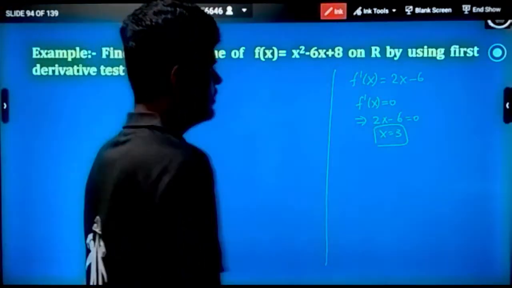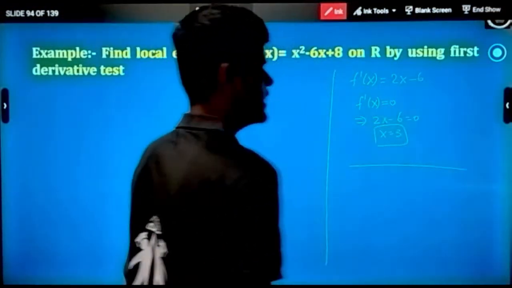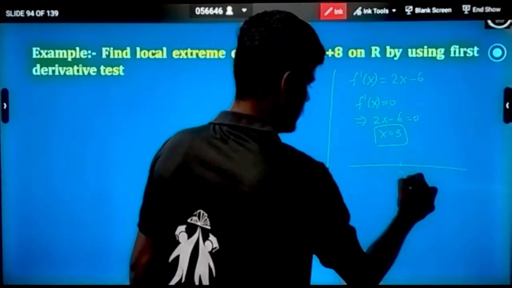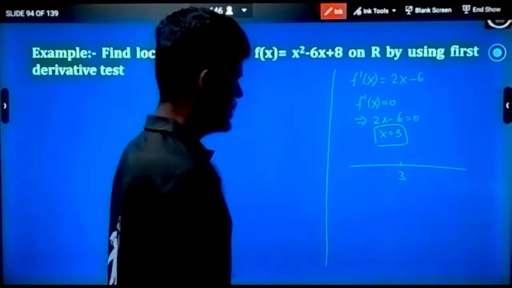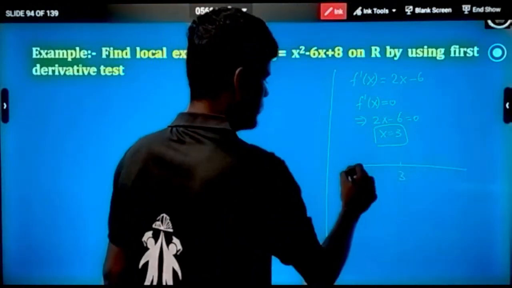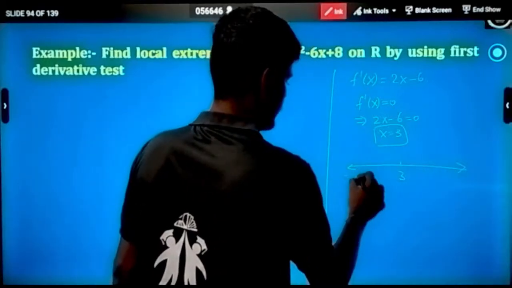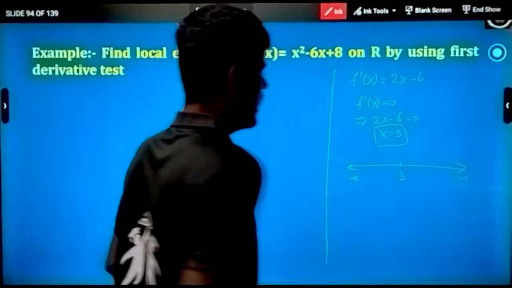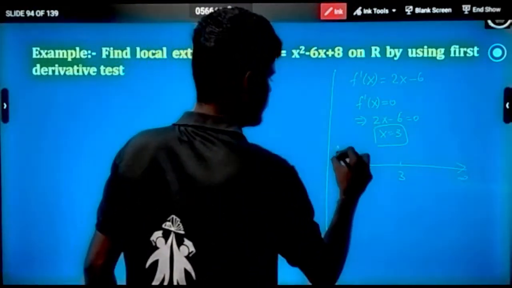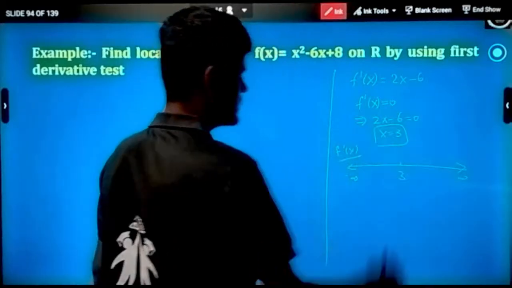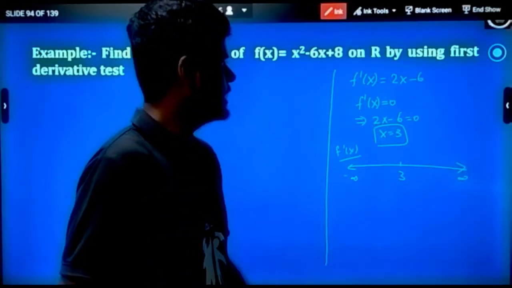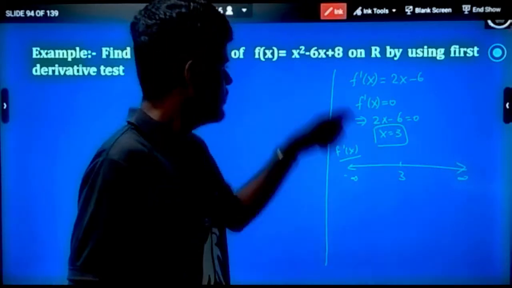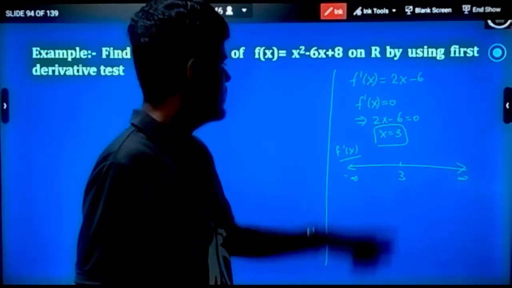Next, what do we need to do? Mark this point 3 on the number line, and this function is defined on all real numbers, so between minus infinity to infinity, this is the sign of the f dash of x curve. Substitute some value that is more than 3 in f dash of x. Then what will you get?